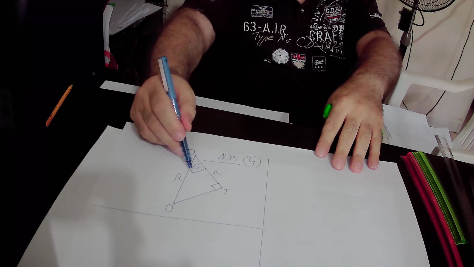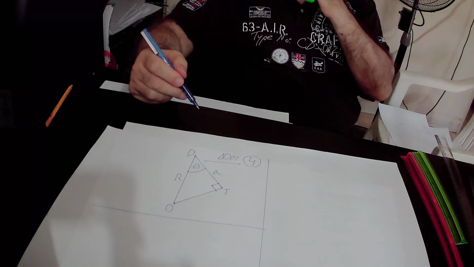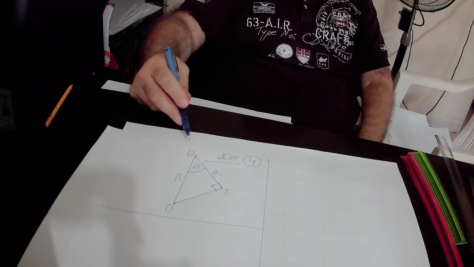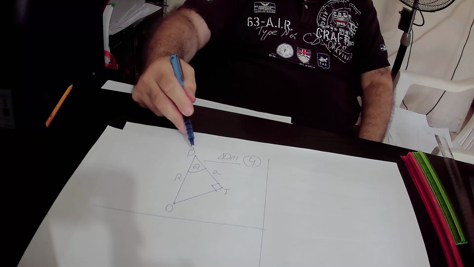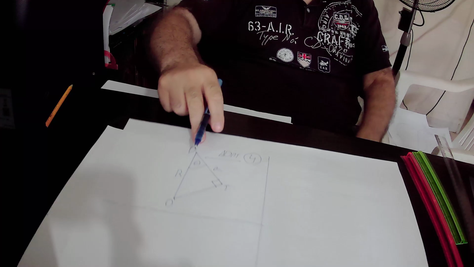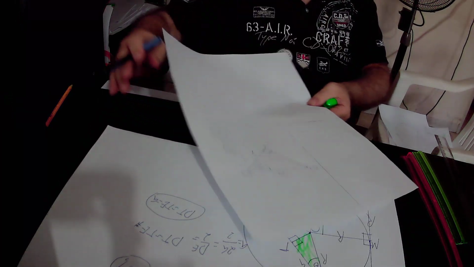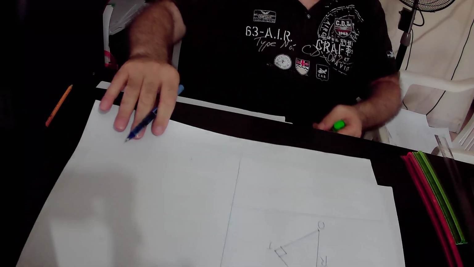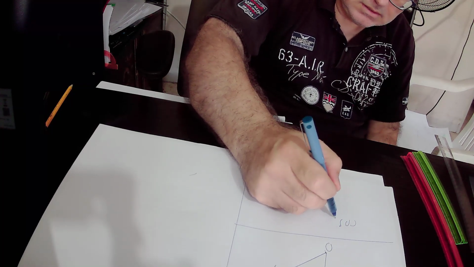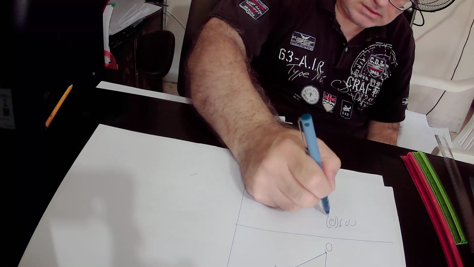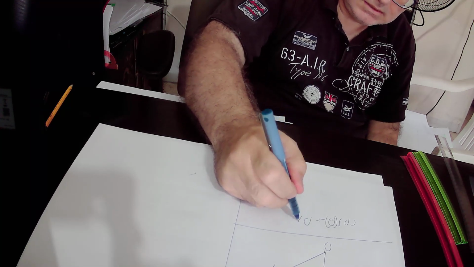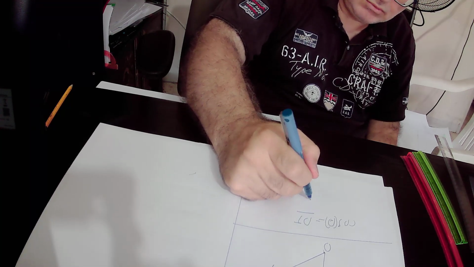This is angle theta that we are looking for. And here we know that cosine theta equals DT over DO. So I write it down. Cosine theta in the right triangle, triangle DOT, equals DT over DO.